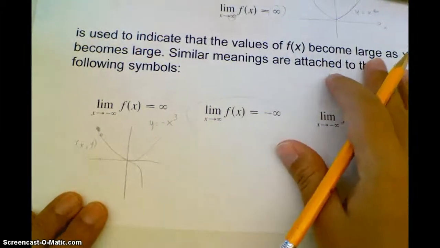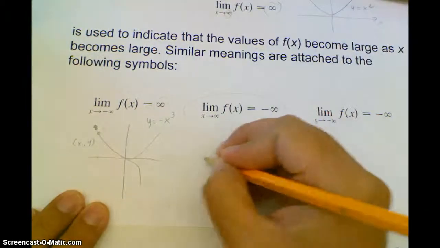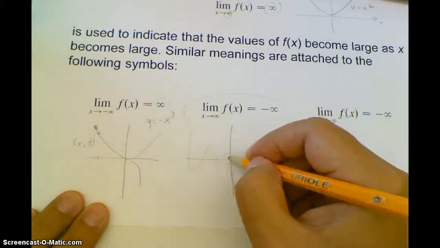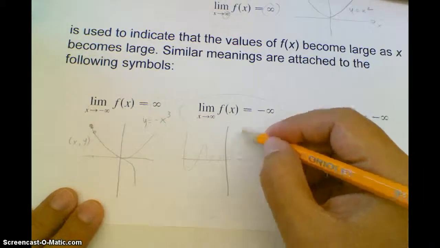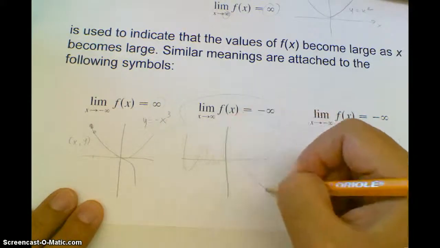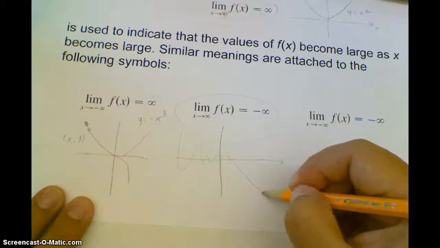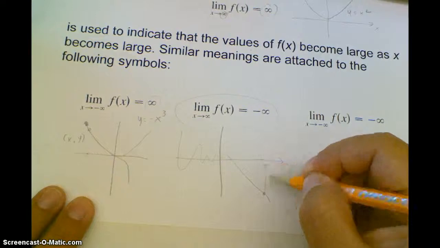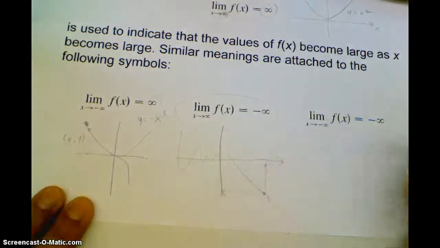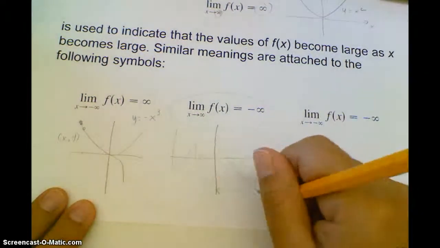An example for this kind of function that behaves this way, it could have anything here, but as x grows large, the y's are growing large negatively. So for every point in here, the x's are still positive, but the y's become more and more negative. So anything that ends that way.